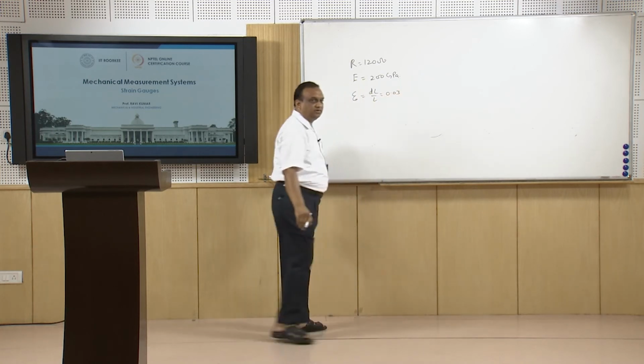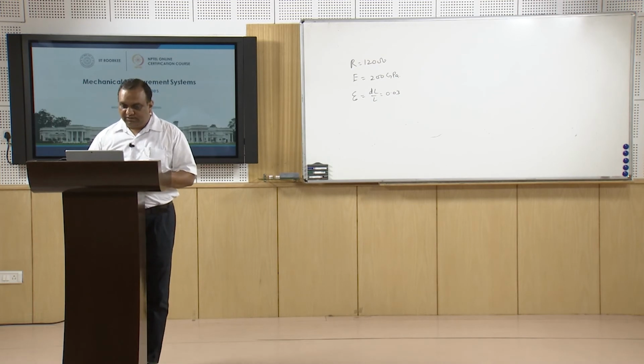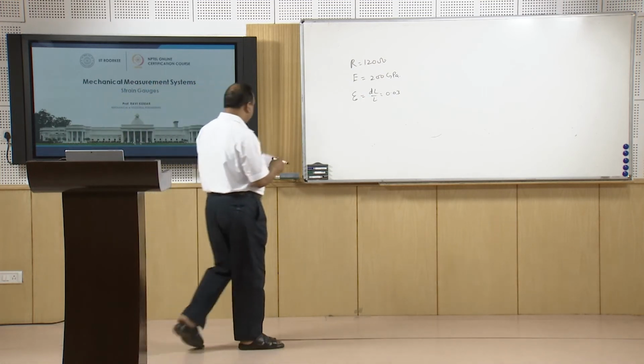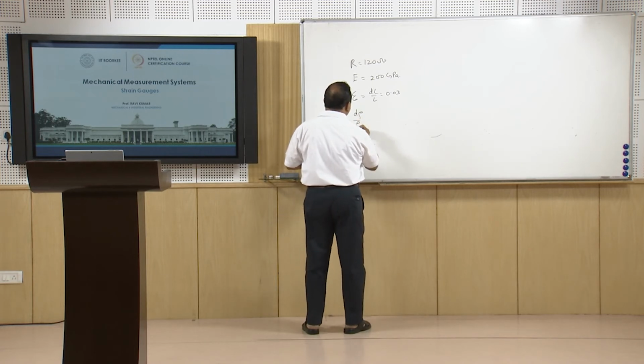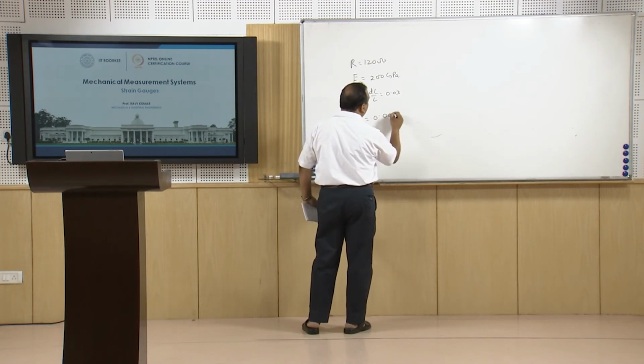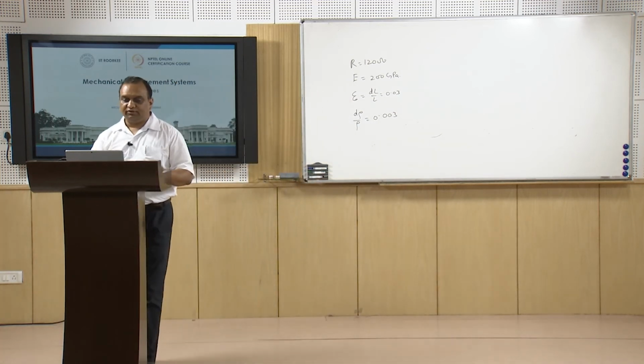This is the percentage change of the rod. And the corresponding change in the resistivity of the strain gauge material is 0.3%. So the change in resistivity, d rho by rho, is equal to 0.003.